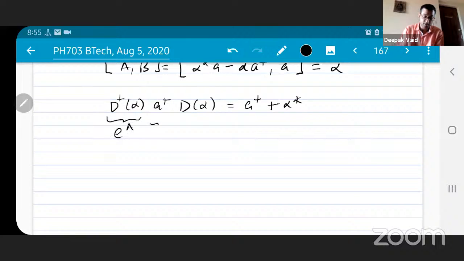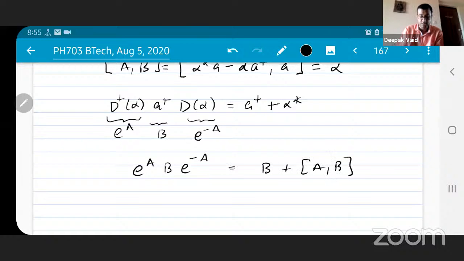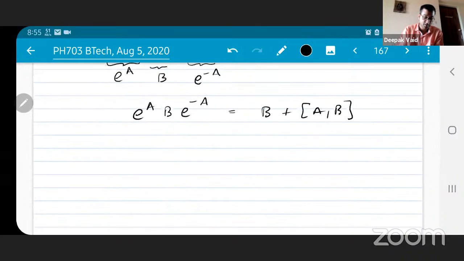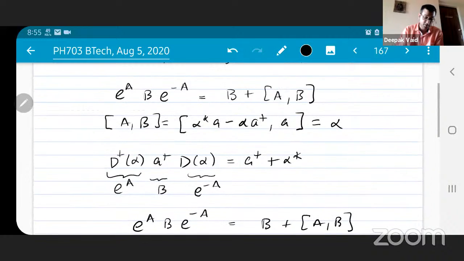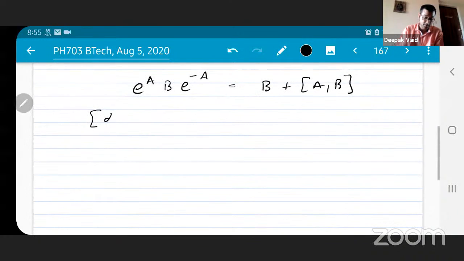Again, the proof follows in the same way. This is exponent A, this is B, this is exponent minus A. Exponent A times B times exponent minus A is equal to B plus the commutator of A and B. What is A? A is alpha star A minus alpha A dagger, and B is A dagger.